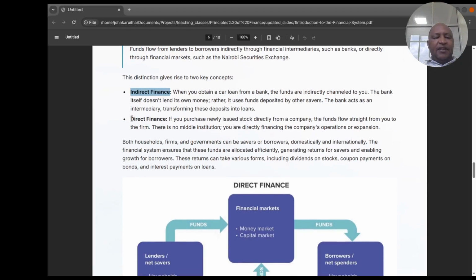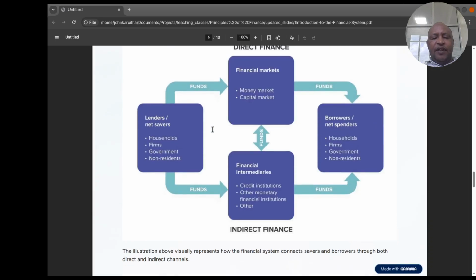We have direct finance. Direct finance is a case where you take money and you lend it to somebody direct. Think of yourself lending money to your friend. That is direct finance. It is you to them, straight on. So that is an example of that.